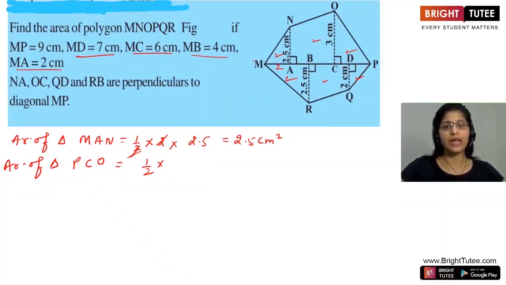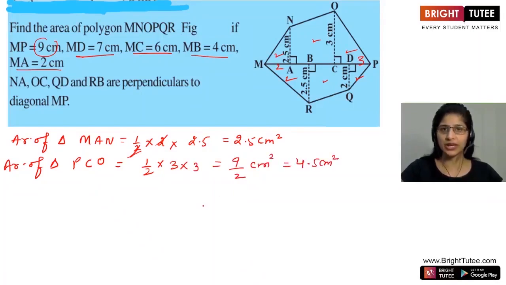Just see, we have been given MC. MC is 6 centimeter and MP total is 9 centimeter. If out of that MC is 6, then what will be CP? 3. So half into base into height. So 3 3s are 9, 9 upon 2 square centimeter, or we can just write 4.5 square centimeter is the area of this triangle.